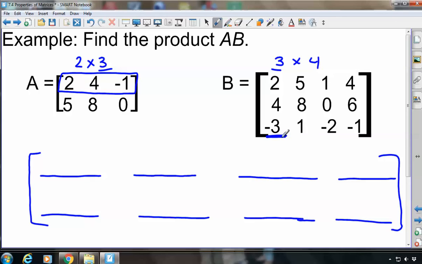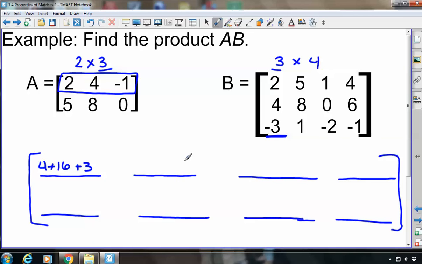So we do 2 times 2, which is 4, 4 times 4, 16, and -1 times -3, which is 3. I will add those together in a minute. I'm just taking the time to actually show you where all my numbers are coming from right now.